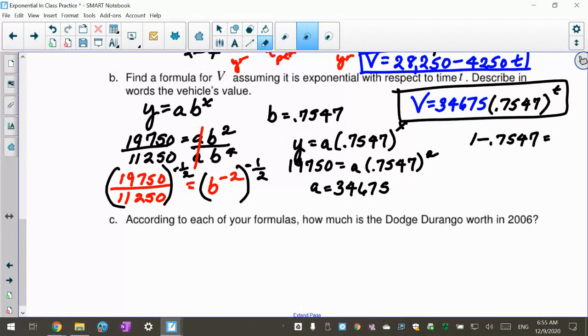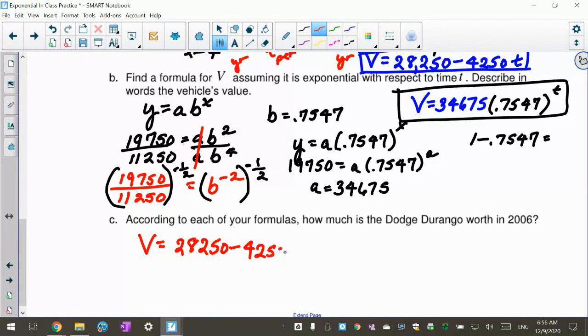Okay, now it says according to each of these formulas, how much will it be in 2006? So you just basically take both formulas and plug in 2006. So I'm going to plug a 6 in there. So I've got my first formula, my linear one, and I'm going to throw a 6 in there. The value of my vehicle after 6 years, or 2006, would be 2,750.